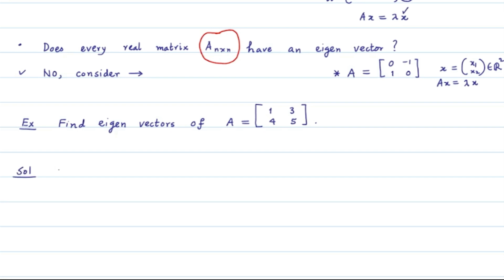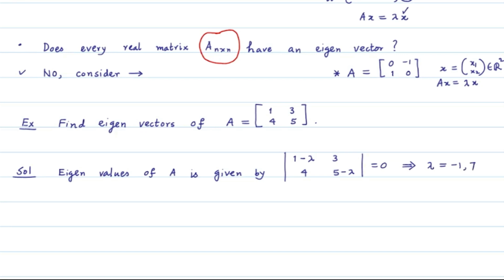Eigenvalues of this matrix capital A are given by the equation determinant of 1 minus lambda, 3, 4 and 5 minus lambda is equal to 0, which will give us lambda is equal to minus 1 and 7.